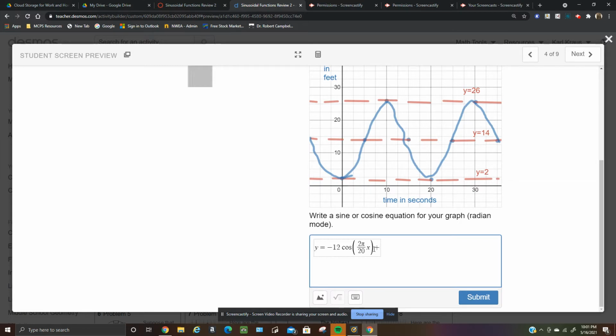You could simplify this to pi over 10 if you like. So y equal negative 12 cosine pi over 10 x plus 14.